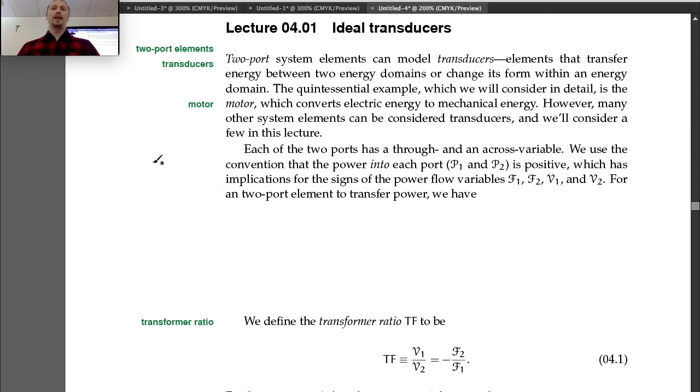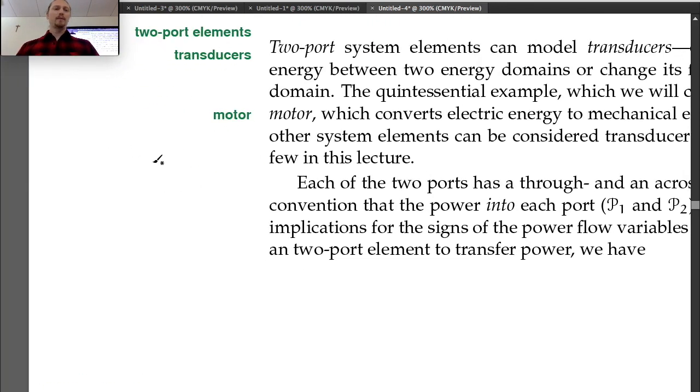So a two-port element has this form. Draw a little diagram. Okay, so on one side you have a port, which is comprised of 2 terminals, right?